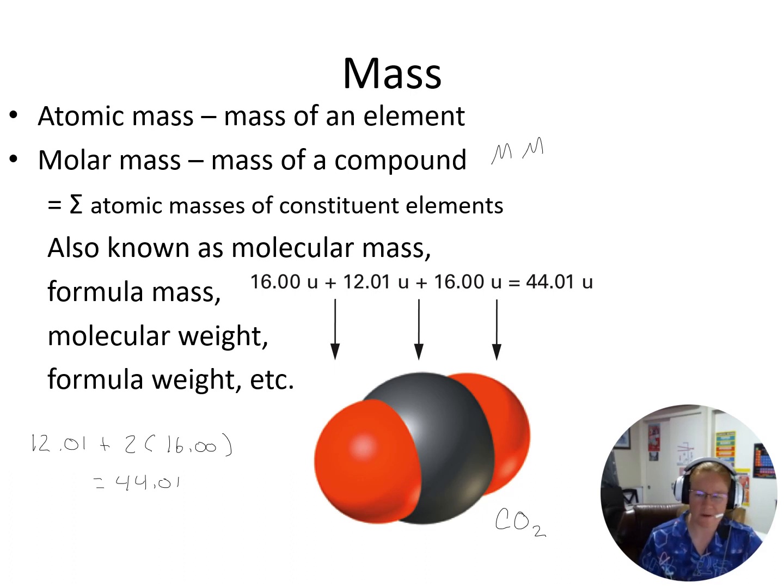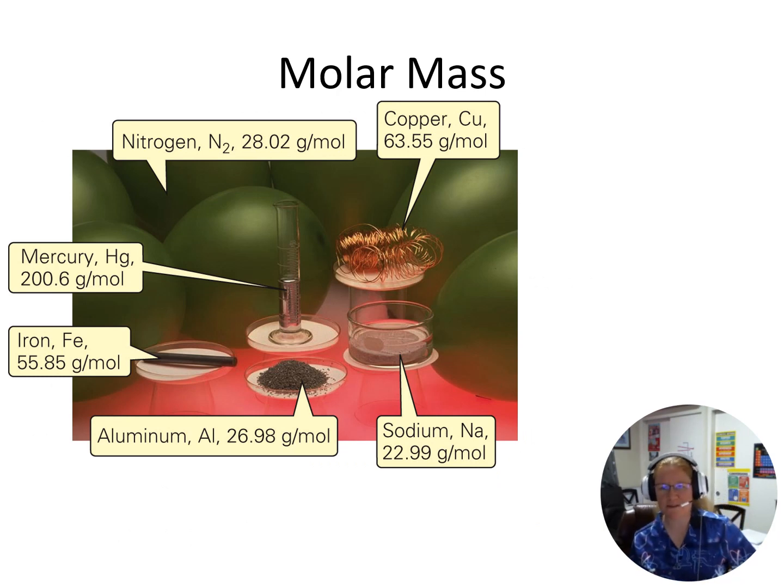Okay? We can say that's 44.01 AMU, or as we learned, we can call that 44.01 grams per mole. Okay? We have all sorts of different substances, all with different masses, and so when we think about 1 mole of a substance, everything's going to have a different amount in that 1 mole because everything has a different mass.